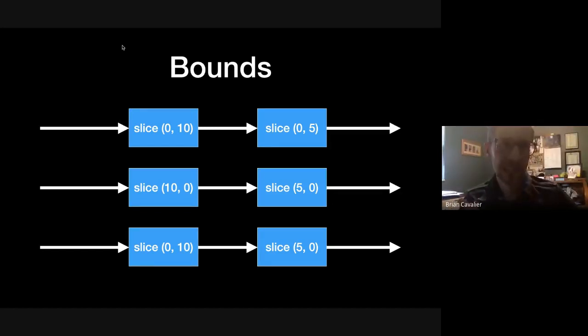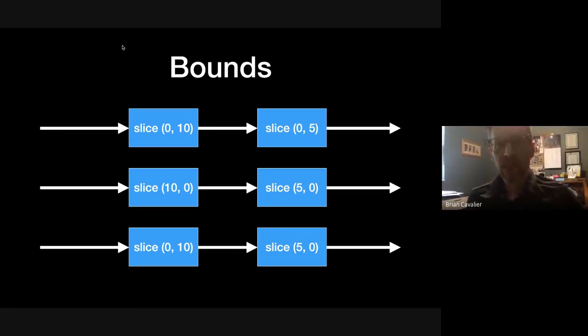So slice 0, 10 is the same as take 10. And then on the line below that, slice 10, 0 is the same as skip 10. So we've just taken the two operations and represented them as a single operation that takes a pair of numbers.